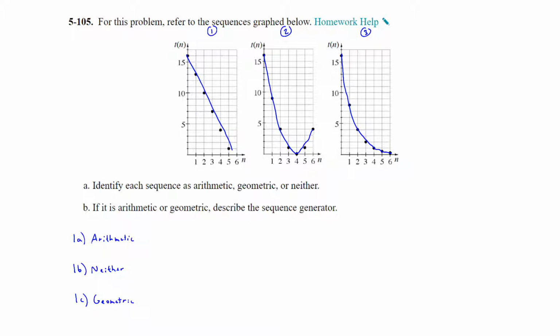And then the next part on B, if it is arithmetic or geometric, which would not be 1B, describe the sequence generator. So on number 1, it looks like if we go down 3 to the right 1, down 3 to the right 1, same thing over and over.